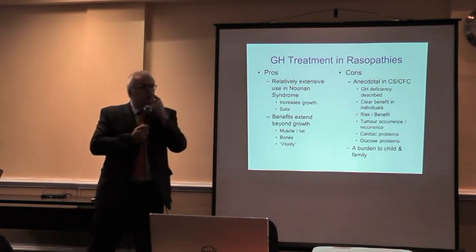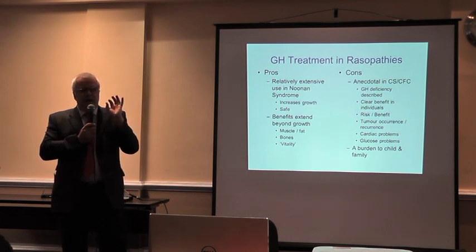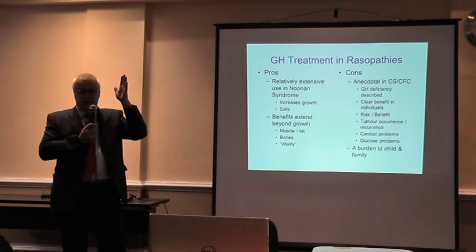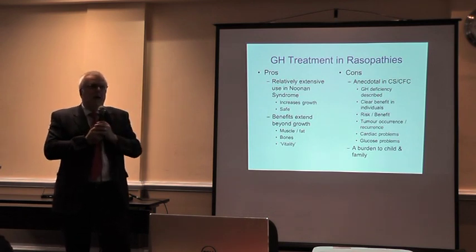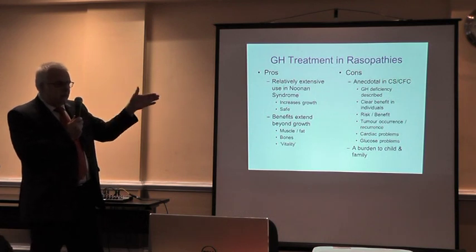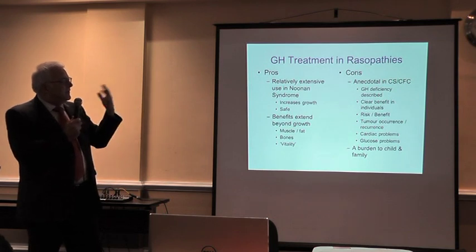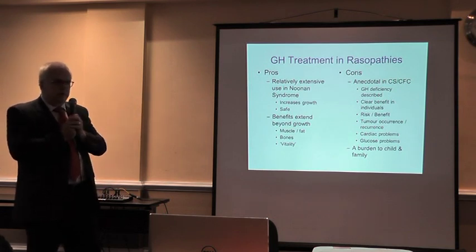Just going back to the tumour occurrence and recurrence, the work that's been done there is principally in children who have had brain tumours treated and then they've had radiation. But when I say there is substantial evidence, I really mean there's substantial evidence. The papers reflect thousands of children who have been treated.